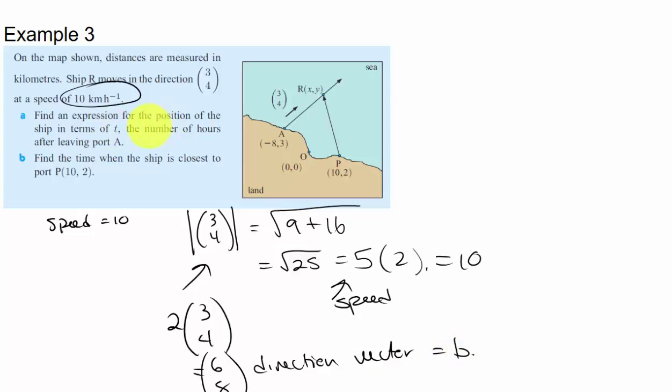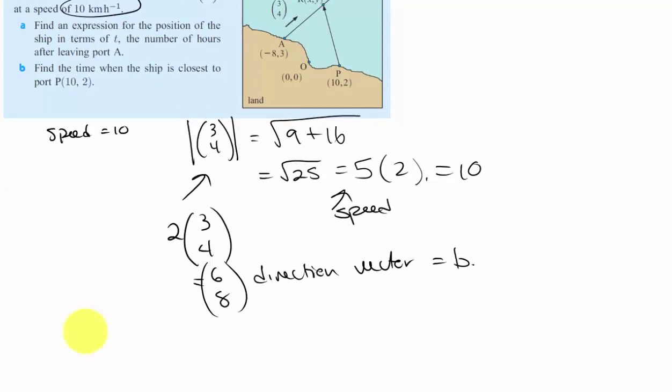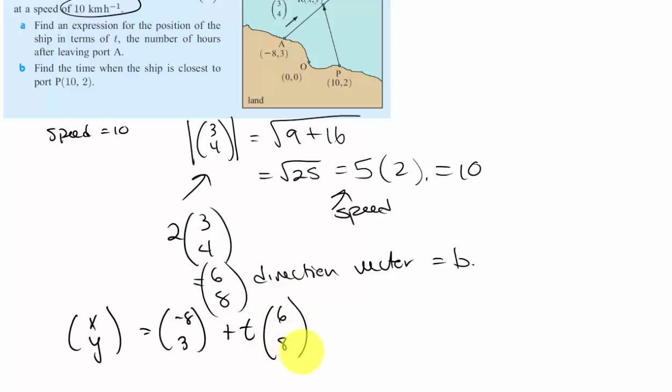So it says find the position. So we're going to start with our equations. Then we have x, y. We're beginning at our initial point of -8, 3, plus t, and we're using 6 and 8, not the 3 and 4, where t is an element of reals. Then, because we need our position, we're going to make our equation.